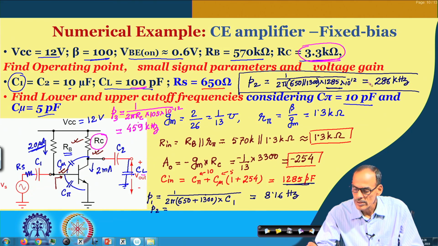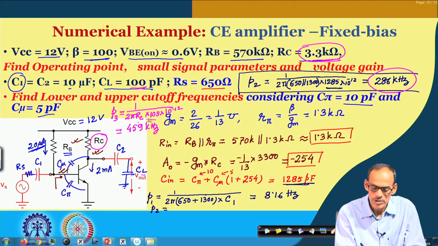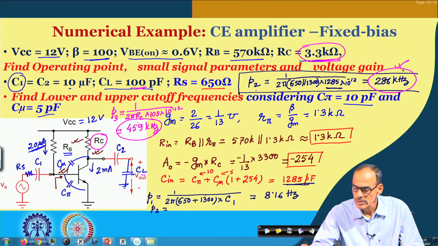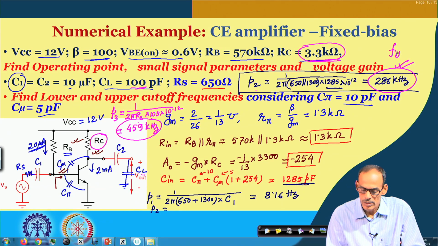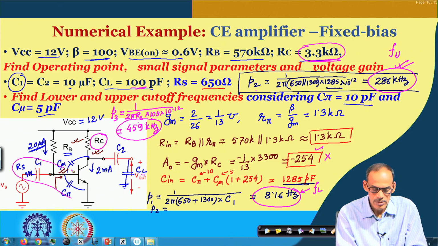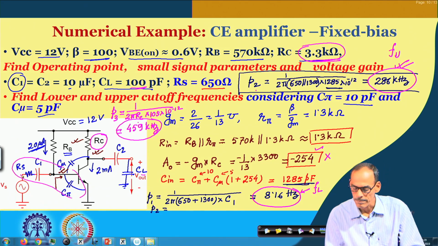Now, if I compare P2 and P3, since P2 is lower, P2 defines the upper cutoff frequency F u, and then of course, P1 is defining the lower cutoff frequency F L, and then the overall gain, of course, will be this multiplied by whatever the attenuation coming out of R s and R in.